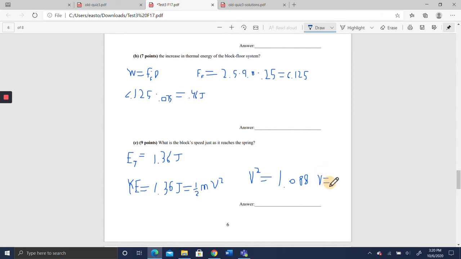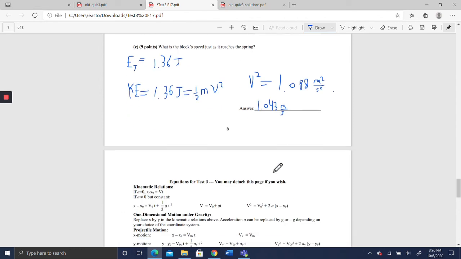V is roughly 1.043 meters per second. And that's our final answer.